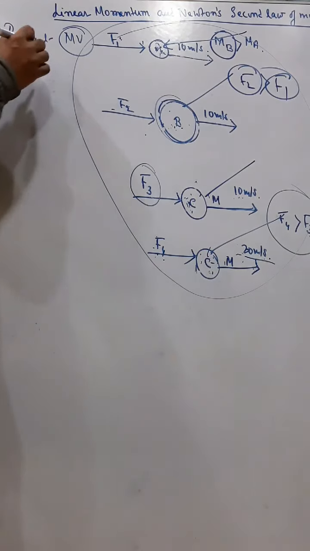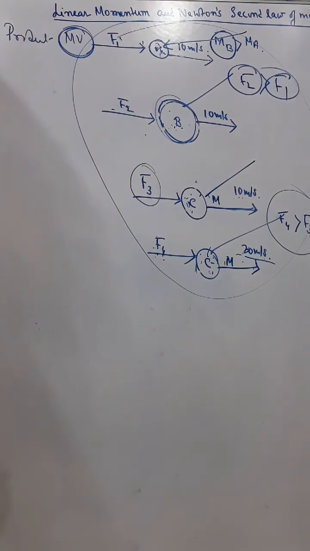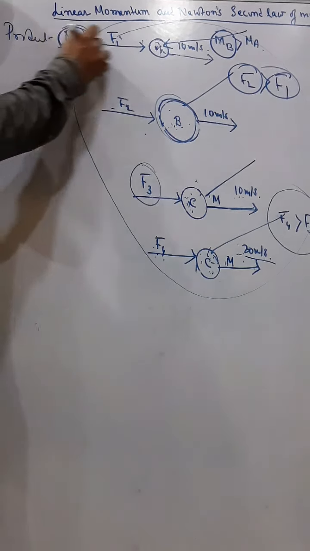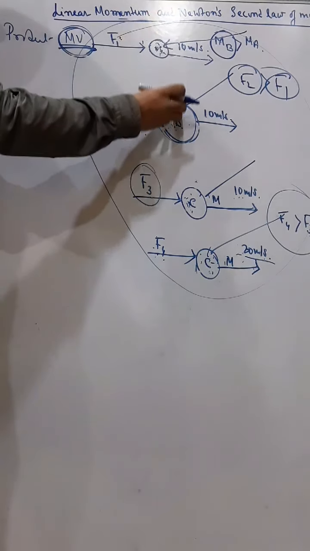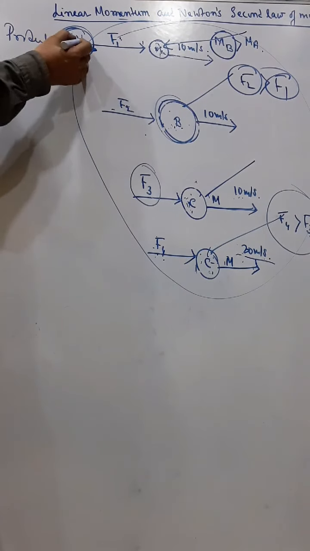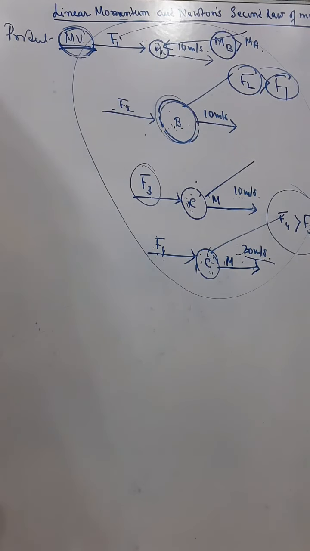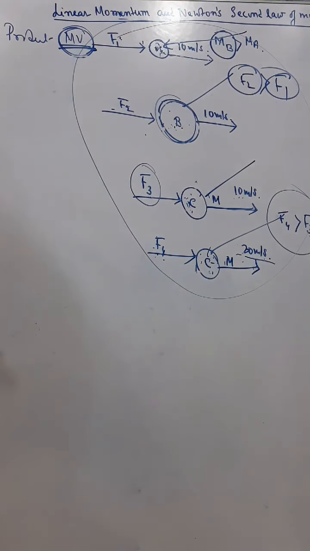So force depends upon mass and velocity, and this product of mass and velocity is called linear momentum. So if I want to calculate the momentum of this body, I have to multiply mass and velocity, and from this momentum we can calculate force.